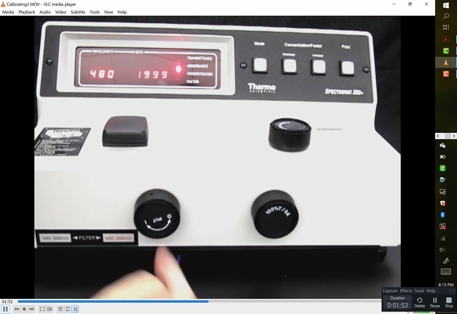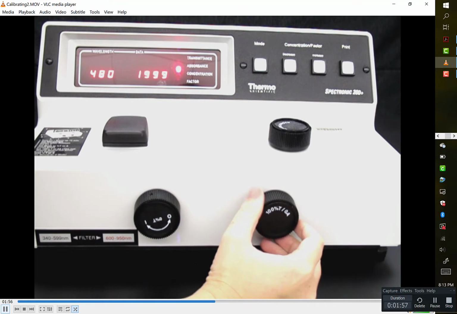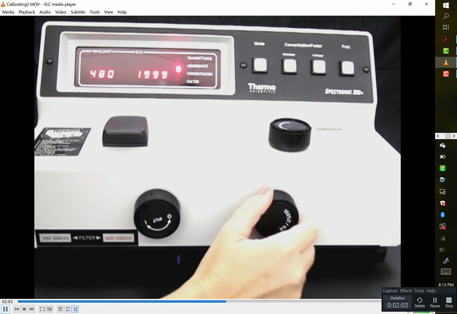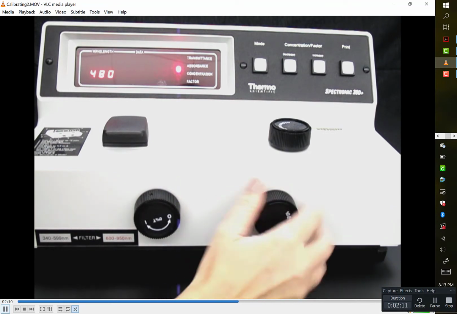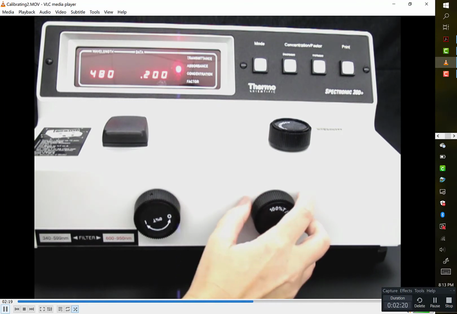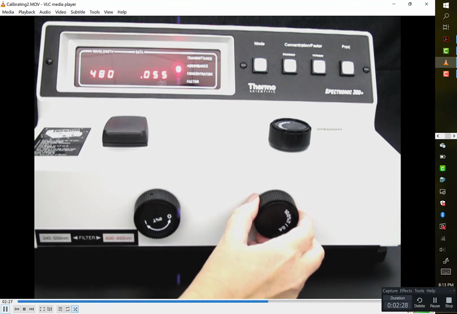So again, we're not going to touch the knob on the left, but we are going to use the one on the right, and we need to make absorbance read 0. So sometimes you have to play with it to see which direction. All right, so we need to make it read an absorbance of 0. So this is telling the machine that there's no pigment in this solution.